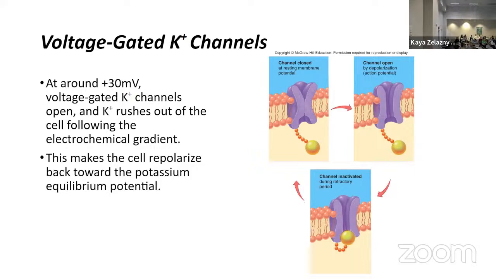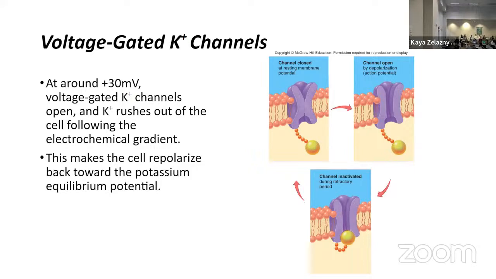So around that peak of the action potential at 30 millivolts, that's when our voltage gated potassium channels open. And we know that the electrochemical driving force for potassium is still pointing out when we're at positive 30, right? In fact, we're even farther away from our equilibrium potential for potassium, so that force on potassium has gotten stronger.